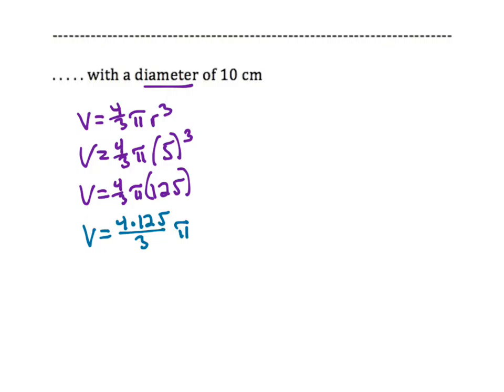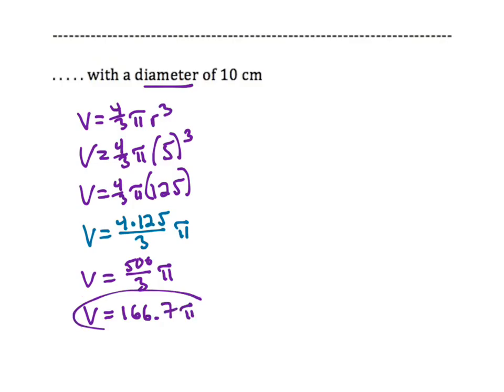So volume equals 500 divided by 3 times pi. So volume equals 166.6 repeating. So let's round that off to 166.7 pi. There's my answer in terms of pi. Now let's go ahead and plug in 3.14 for pi.